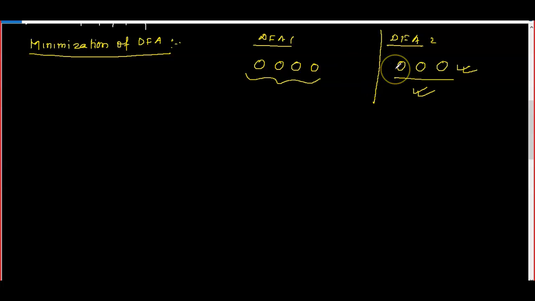You have to minimize the number of states and make the abstract machine more efficient. What is meant by minimization? If you have a DFA, minimization means we have to take the least number of states to make it a more efficient DFA machine.